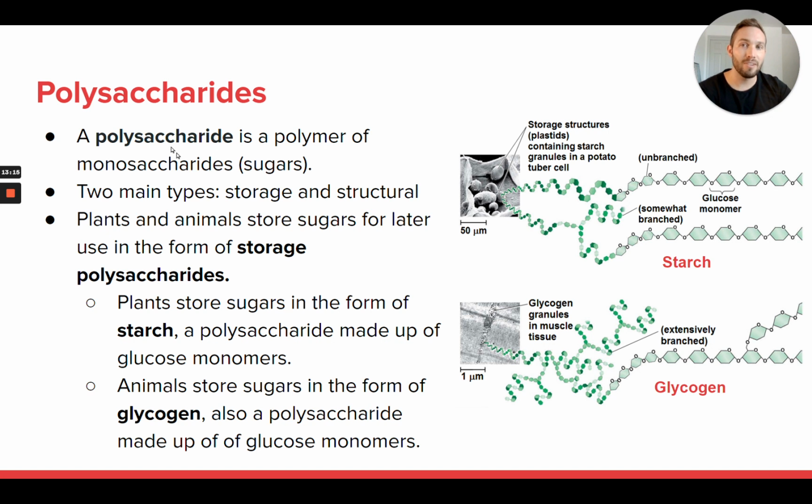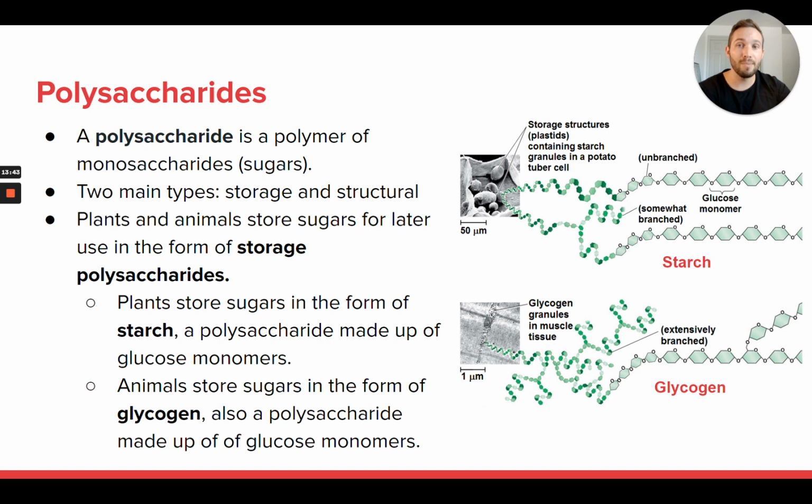So the monomer is monosaccharides, the polymer is polysaccharides, and it looks a lot like these molecules that I have pictured here, where it's just a bunch of monosaccharides, those simple sugars that I showed you, bonded over and over and over again. These are super massive molecules, these polymers that are forming. And there are two main types of polysaccharides, or two main functions, kind of like what I said earlier.